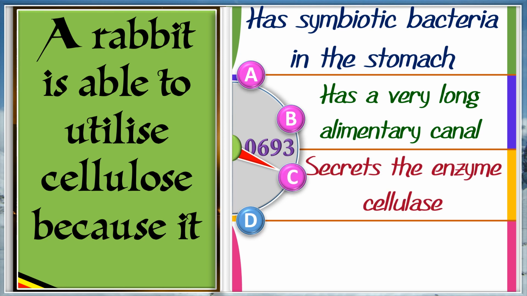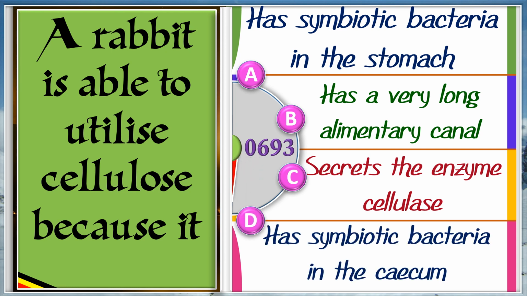C. Secretes the enzyme cellulase. D. Has symbiotic bacteria in the cecum. And the answer is D. Has symbiotic bacteria in the cecum.